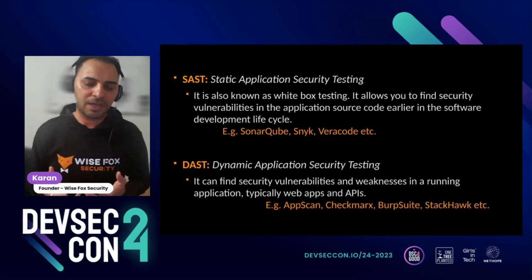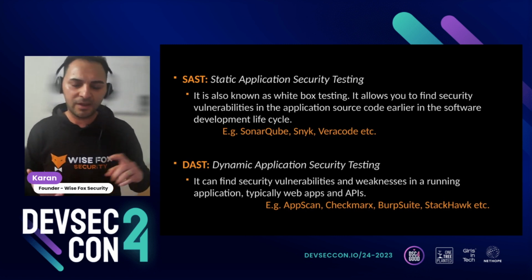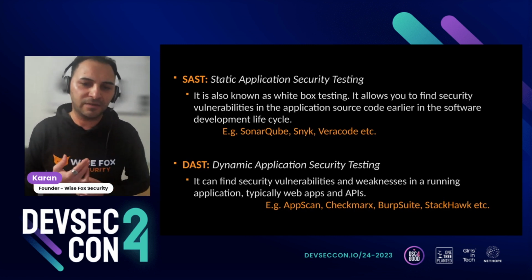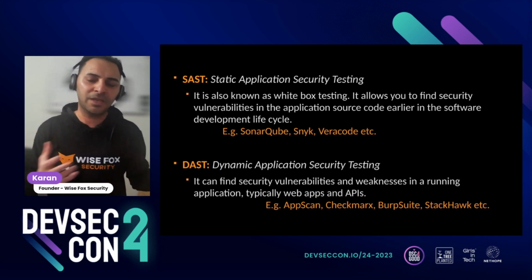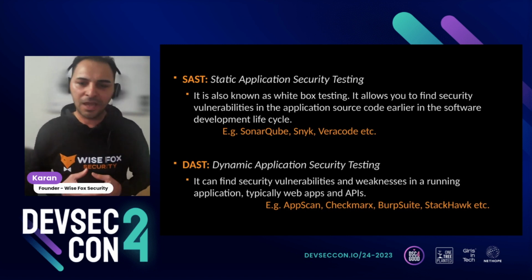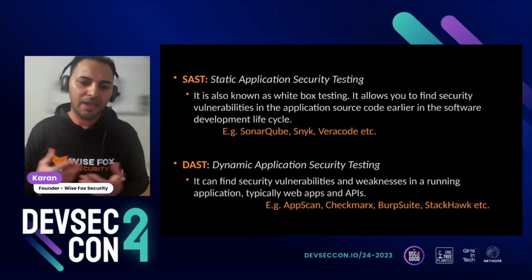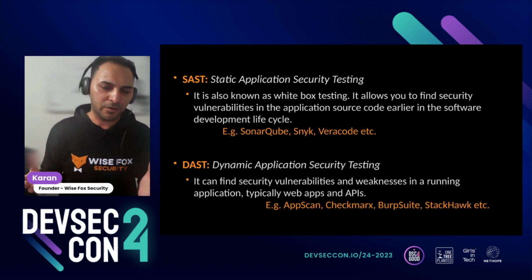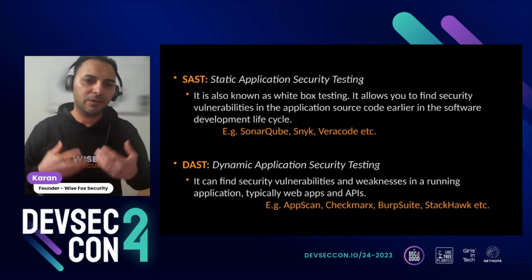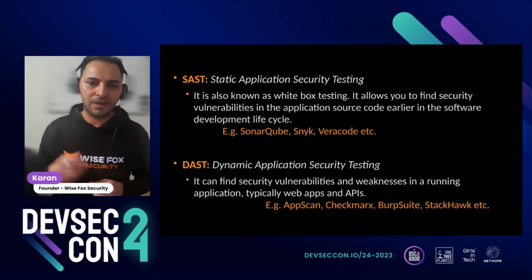Your typical SAST tools will identify issues such as you're not sanitizing your input correctly. Those issues may lead to cross-site scripting, SQL injections, SSRF vulnerabilities, and whatnot, right? Those are your typical issues that you're going to detect with SAST.